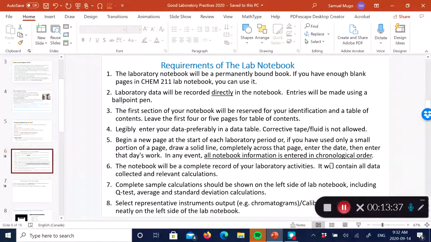If there are outputs from the instrument, such as chromatograms or spectra, they should be permanently and neatly glued onto your lab notebook. If there are calibration graphs from Excel, they should be permanently glued onto your lab notebook.